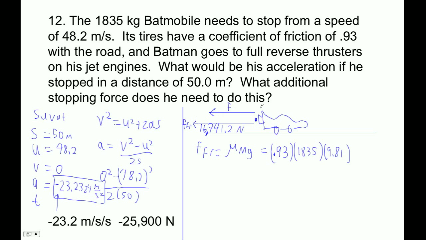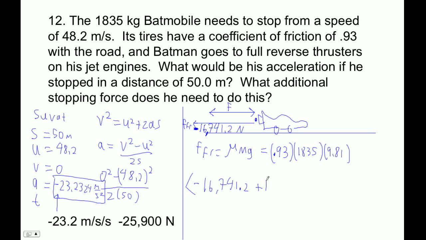And then here's our unknown force. Now, of course, we don't know it's negative. We're just going to let the cards fall as they may. Right? So now let's set up our friction thing here, right? This is a negative force because it's to the left, so I go negative 16,741.2, right?